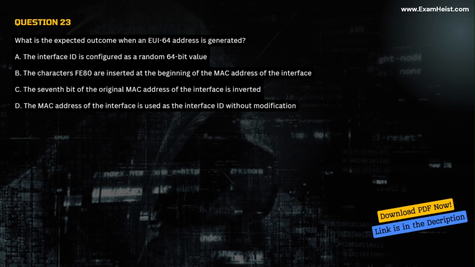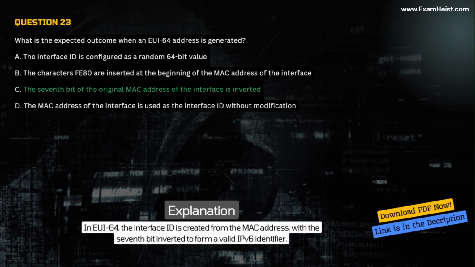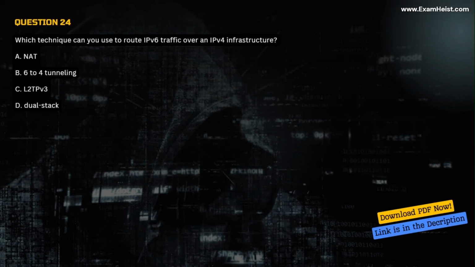D. The MAC address of the interface is used as the interface ID without modification. Correct answer C. The 7th bit of the original MAC address of the interface is inverted. Explanation. In EUI-64, the interface ID is created from the MAC address, with the 7th bit inverted to form a valid IPv6 identifier.